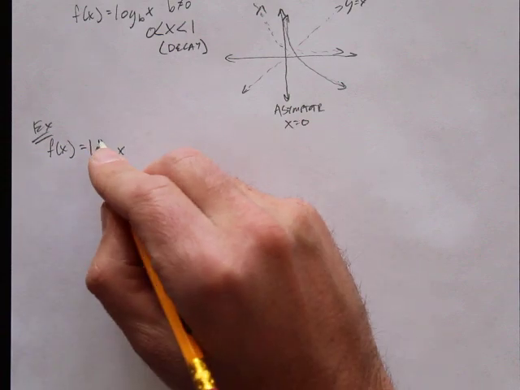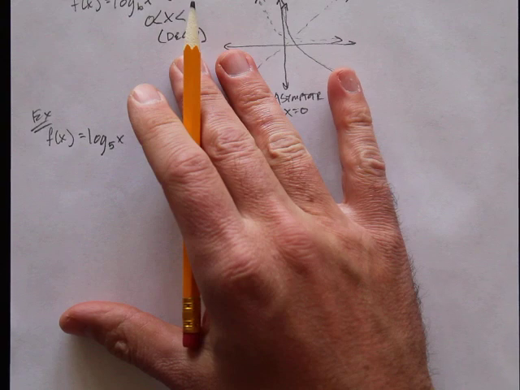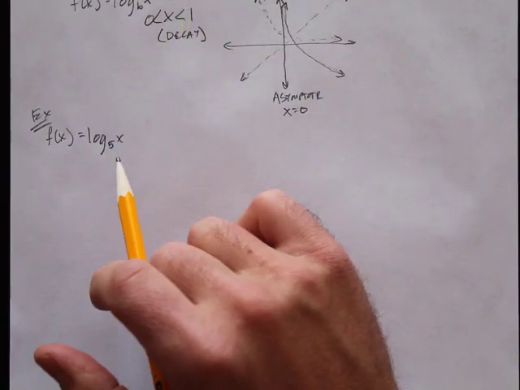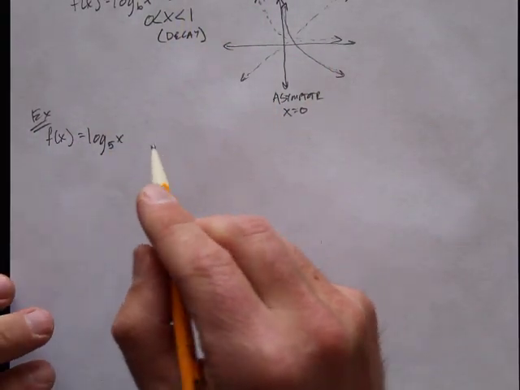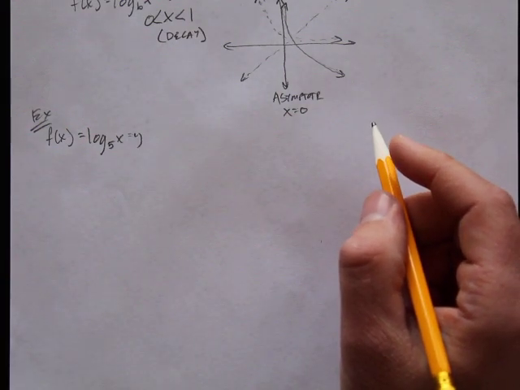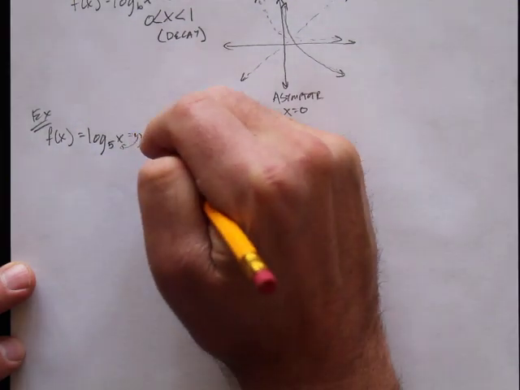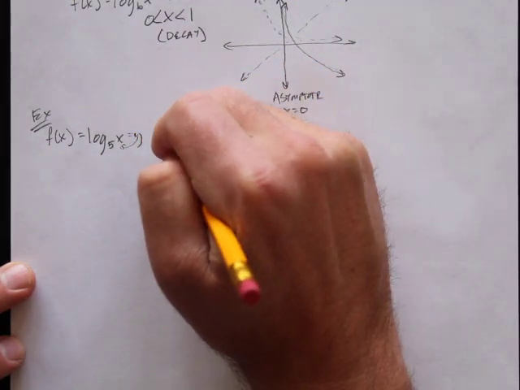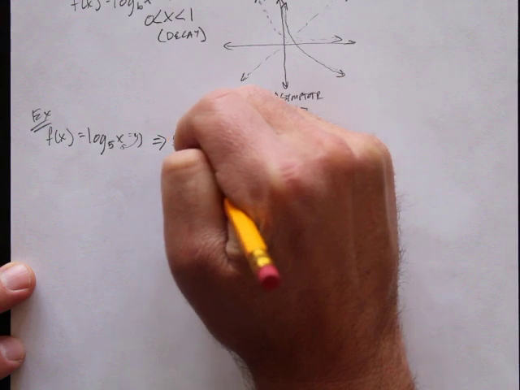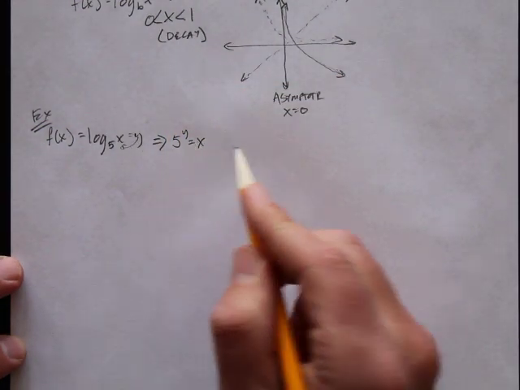The book goes through a different way than what I do, because I found this way and I think it works way better. And so what I do here is I say it equals y. And then I jam this y up in here and I end up with 5 to the y power equals x. Remember, the x plops over the equation.